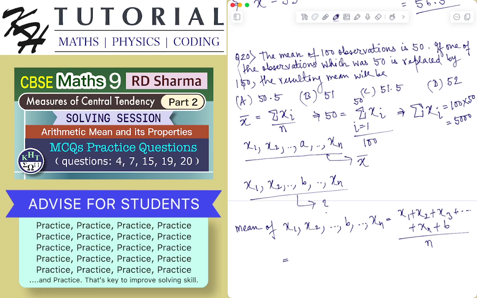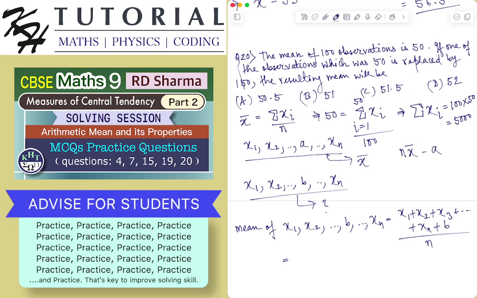Now what is the sum of all the observations except a? The sum of all the observations except a is n x bar minus a, where x bar is the mean of the 100 observations.